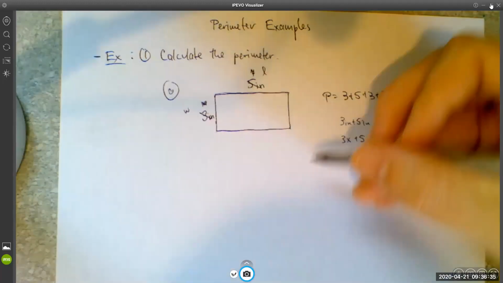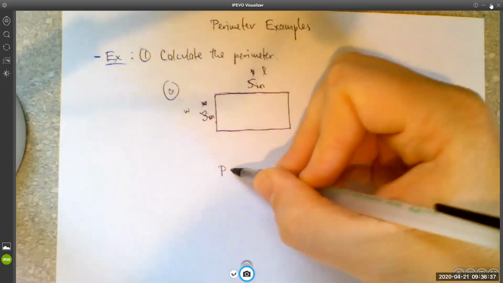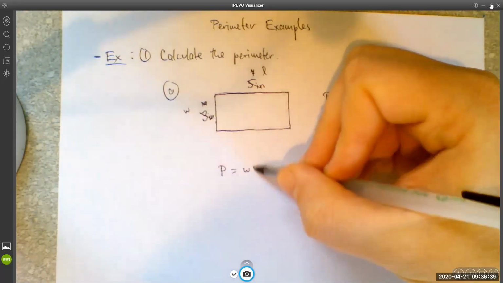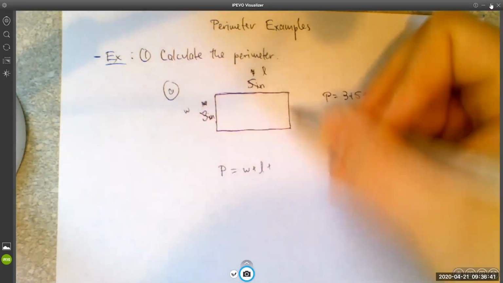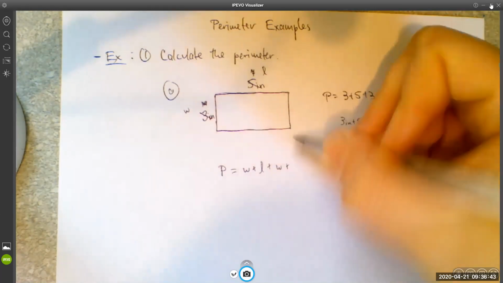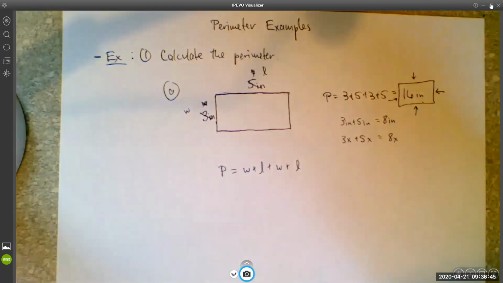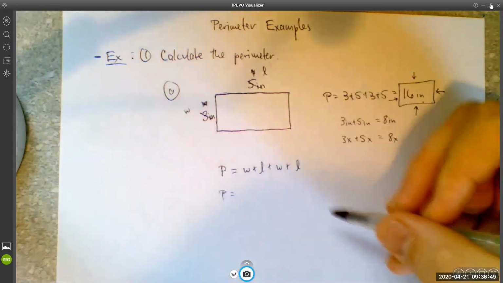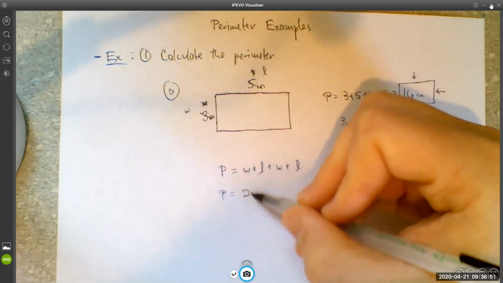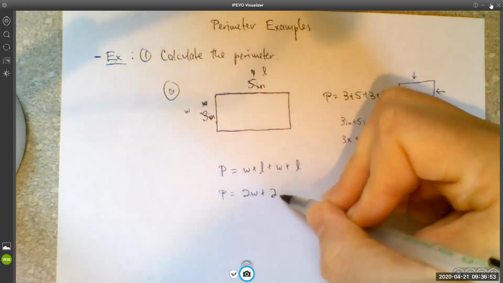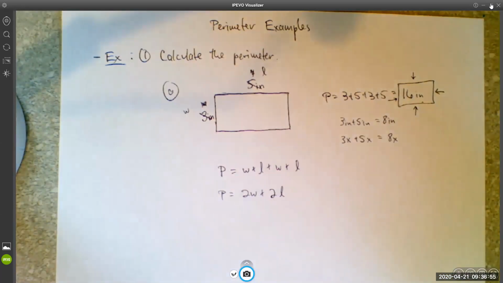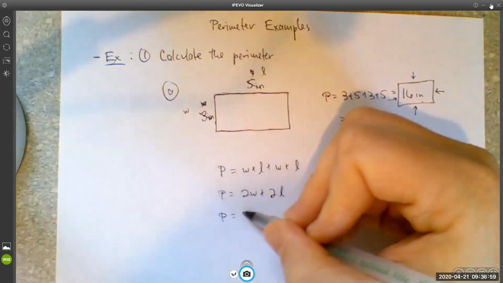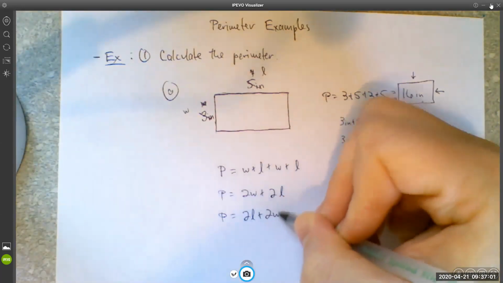So then the perimeter in general for a rectangle would be W plus L plus W plus L. And if you combine like terms, then you get that the perimeter is, well, we have 2 W's and we have 2 L's. So the perimeter is 2W plus 2L, right? 2 times the width plus 2 times the length. Or if you like it the other way around, obviously that's the same thing, right?